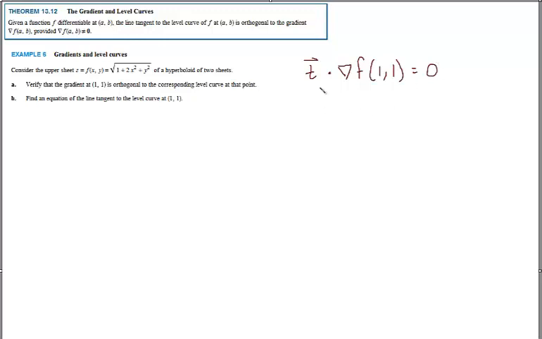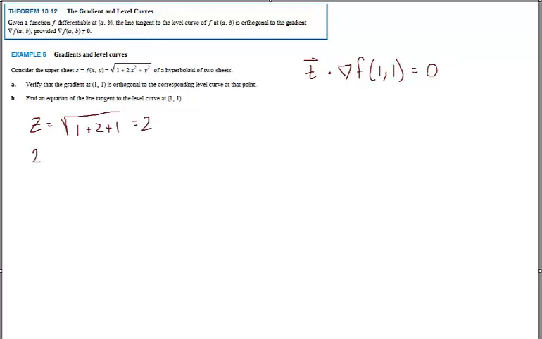So first I'm going to need to find that tangent vector. So I will go ahead and figure out what z is at that point 1, 1. z would be equal to 1 plus 2 plus 1, so z is going to be 2 at that point.